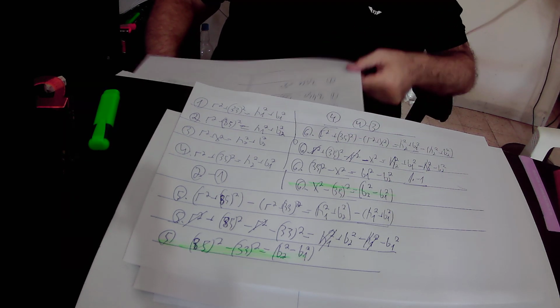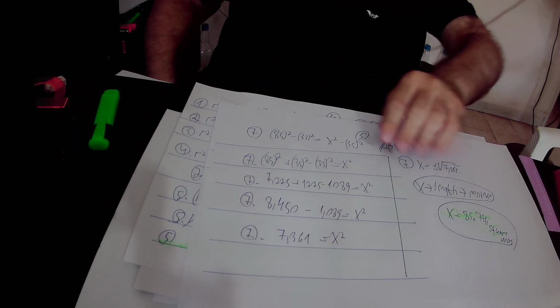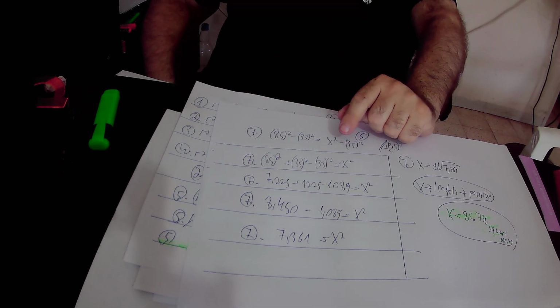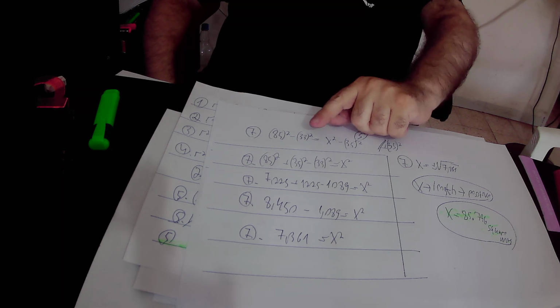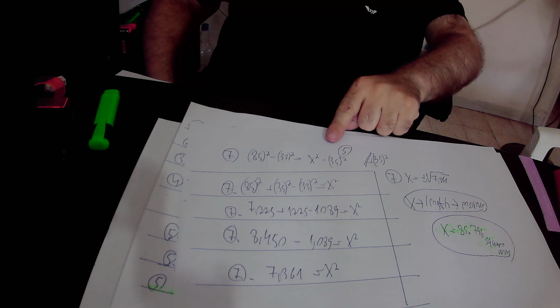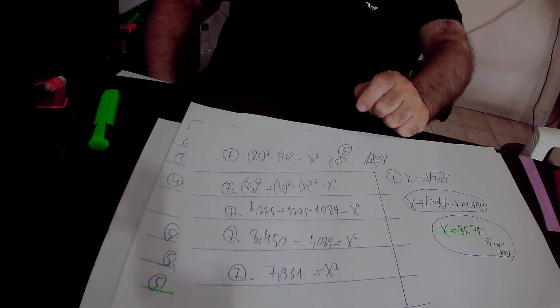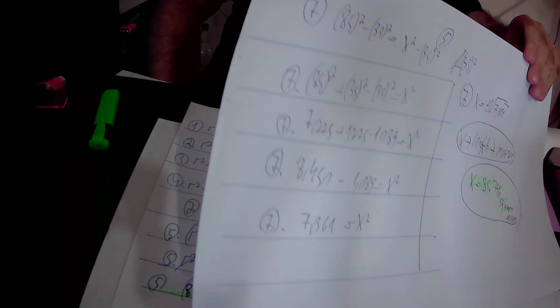Then we created equation number 7 that states that b1 square minus b2 square according to equation number 5 must be equal to b1 square minus b2 square according to equation number 6.